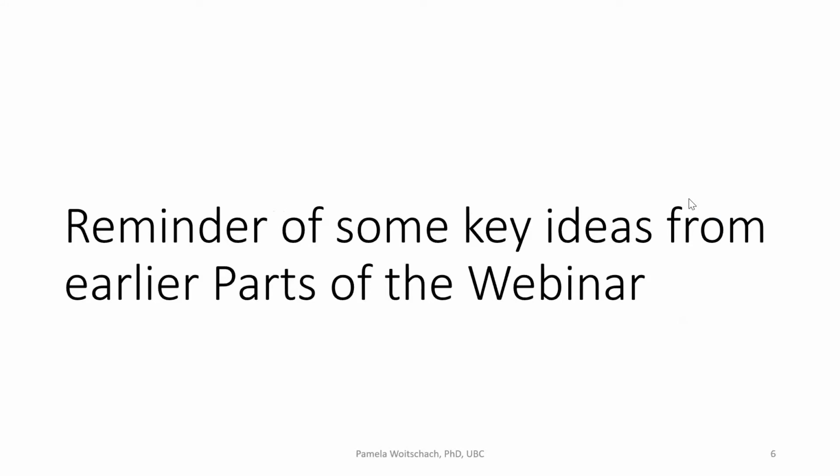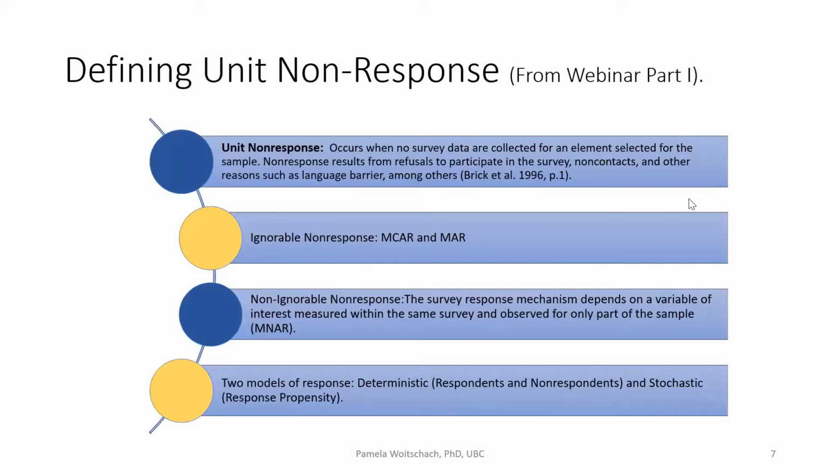So now let's remember some of the key ideas we have learned in part 1 and 2 of this series of webinars. Here are some important concepts from part 1 of the webinar. Missing data can be classified as item or unit non-response.